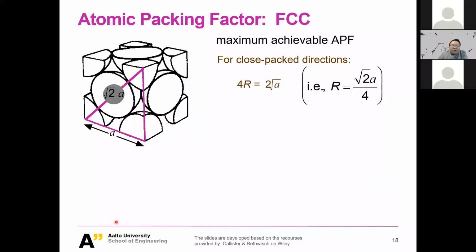I'm also giving it to you here, because with the atoms added on the face, you can easily figure out the close packing direction is actually the face diagonal. With some simple mathematical arrangement again, 4R is equal to square root of 2 times a, and then we can express our R with respect to a.